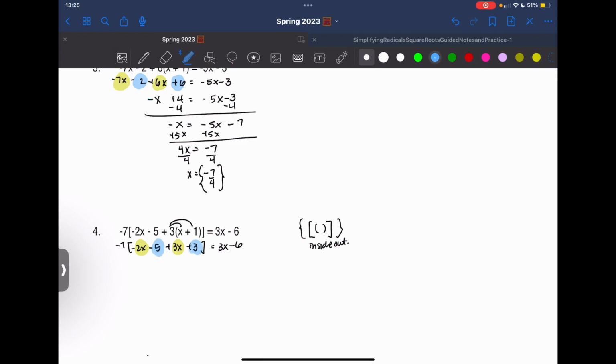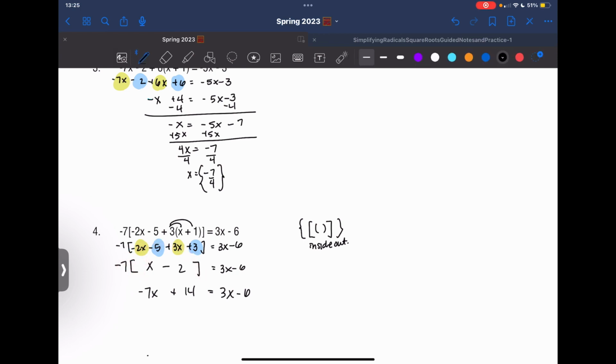So we're bringing this negative 7 back down. Negative 7 bracket x plus, minus 2 bracket equals 3x minus 6. And then you're going to distribute into the parentheses. Negative 7x plus 14 equals 3x minus 6. Once you distribute, you can get rid of the brackets.